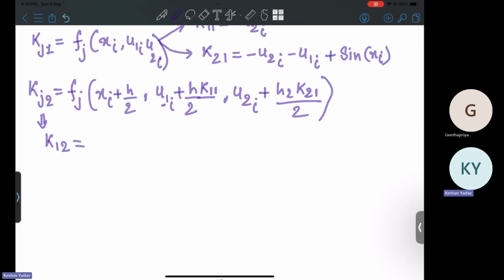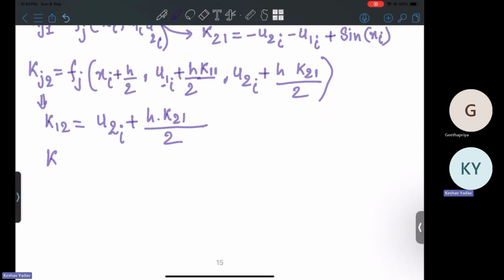Now by using this, k12 will be equal to u2i plus h multiplied by k21, which is already known, divided by 2.